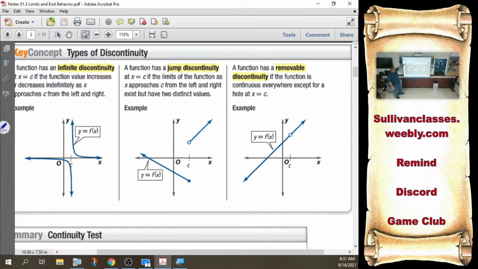Infinite. Can we see why it's called infinite discontinuity? Because the graph will shoot off to infinity, plus or minus. This is the part I want you to add to it, there's a vertical asymptote.